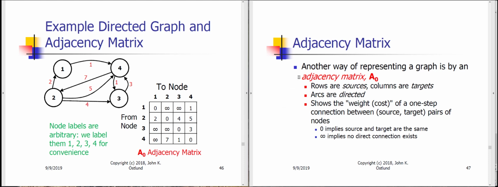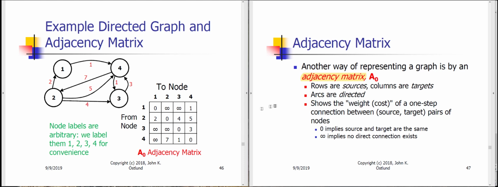So a common way of representing this kind of information is to use a so-called adjacency matrix, where we have all the nodes in our graph as indexes into rows. We consider those the source nodes. And we likewise have all the nodes in the graph as columns. These are the target nodes, or the 2 nodes.